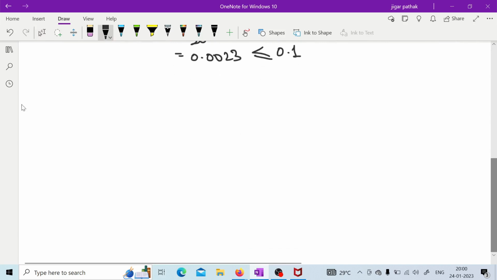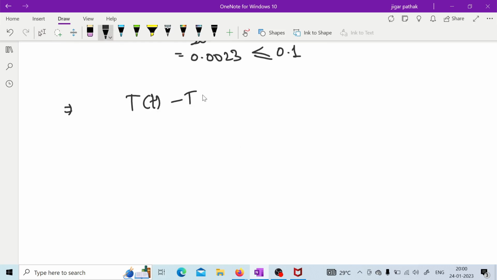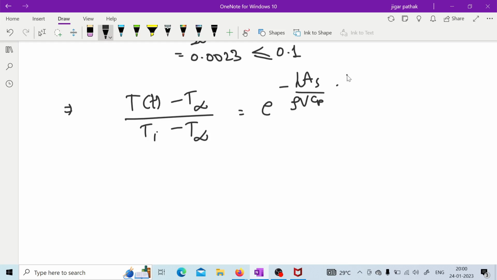For that you can use the temperature distribution equation which we have derived just now. T(t) minus T infinity over Ti minus T infinity is equal to e raised to minus HAS upon rho Cp V into t. Correct? Yes, sir. So here you have all the data with you, right?